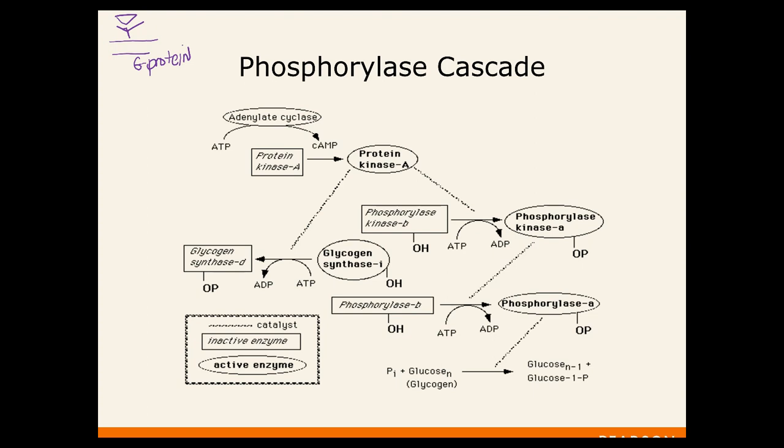So we're coming in at the point where adenylate cyclase, an enzyme, is going to take ATP and convert it to cyclic AMP, our secondary messenger.